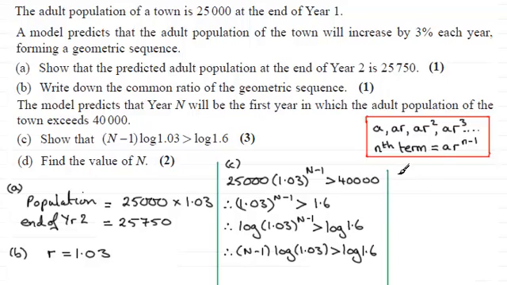Okay, welcome back then if you carried on to try and find the value of n. What you need to do here is remove the log of 1.03, and to do that we divide both sides by the log of 1.03. So that's going to give us n minus 1 greater than the log of 1.6 divided by the log of 1.03.